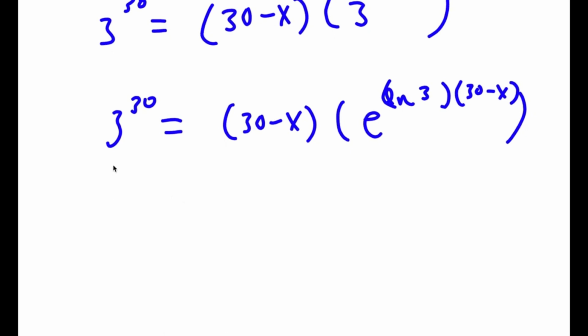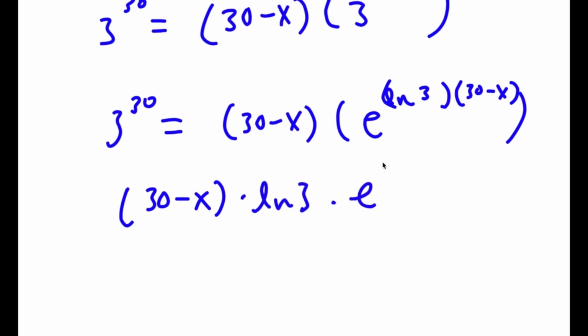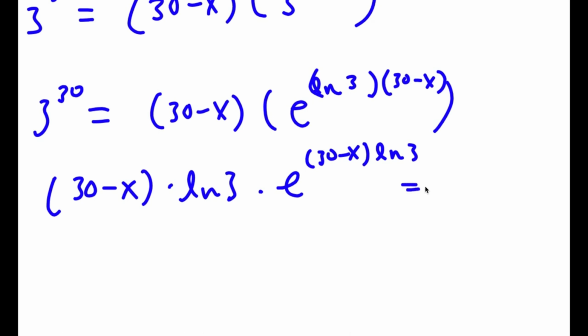So now I have 30 minus x times ln 3 times e to the power of 30 minus x times ln 3 is equal to 3 to the power of 30 times ln 3.